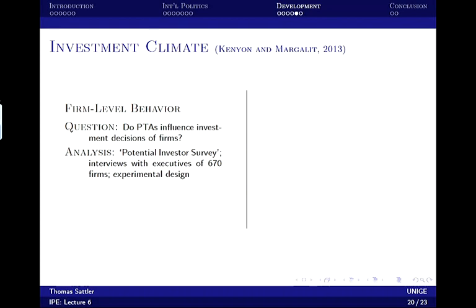And they use an experimental design. So they do different treatments. They tell this executive, this firm leader, look, here's a country, and this country implemented some liberalization policies. They announce it and they implement it.